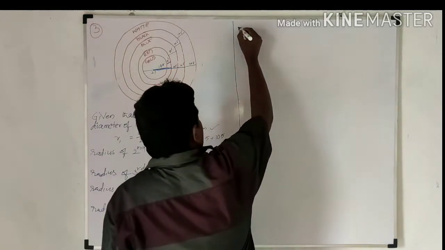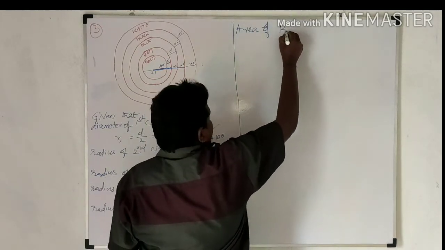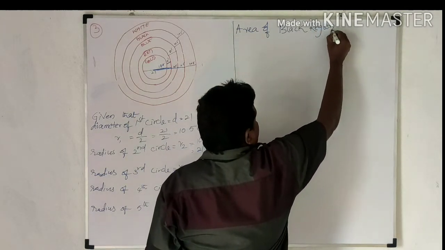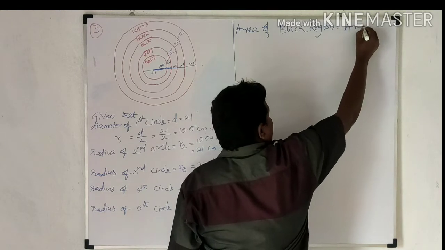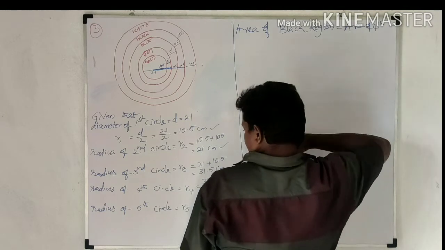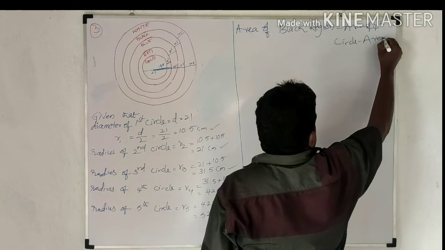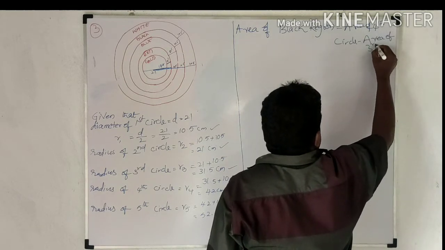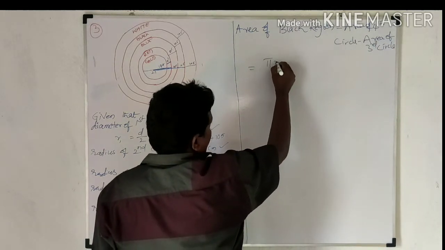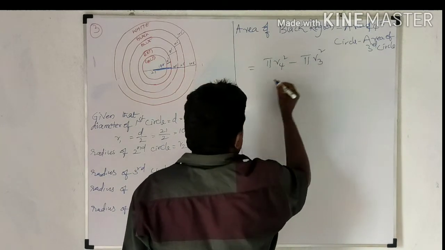Now, area of black region is equal to area of fourth circle minus area of third circle. Area of fourth circle is pi r4 whole square, minus pi r3 whole square.